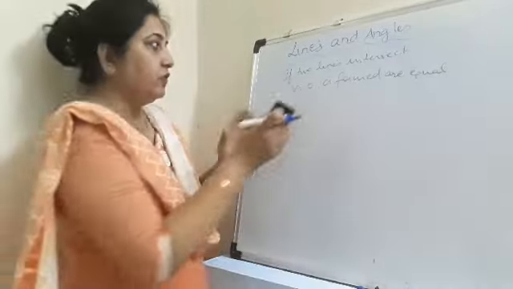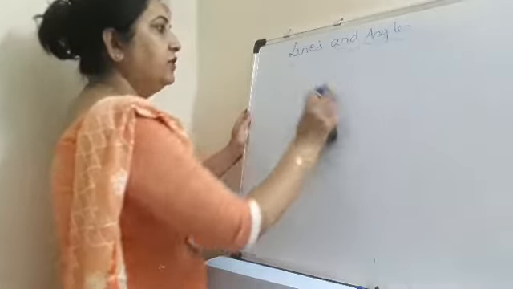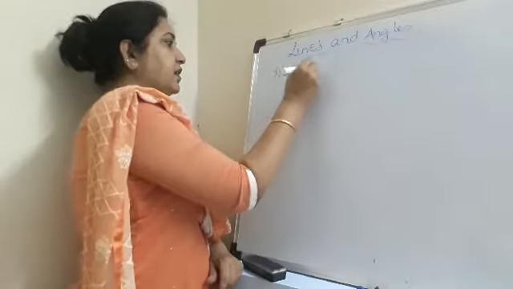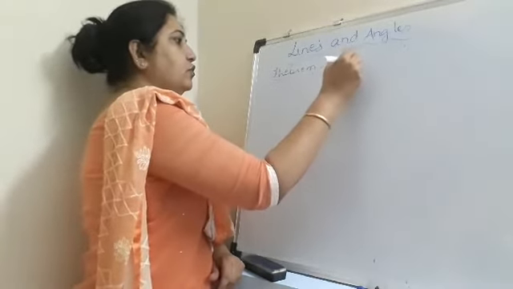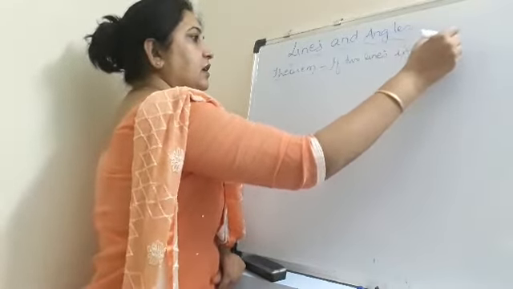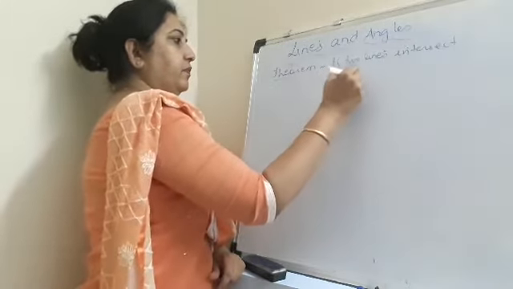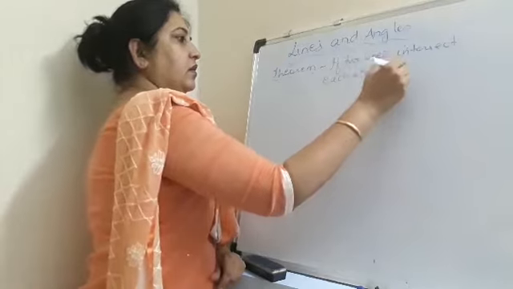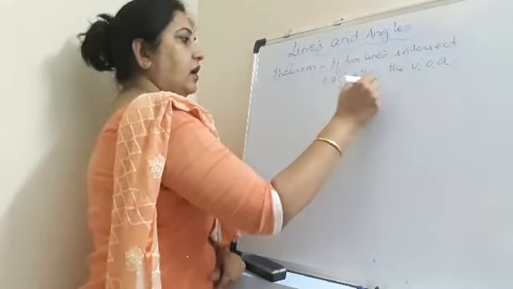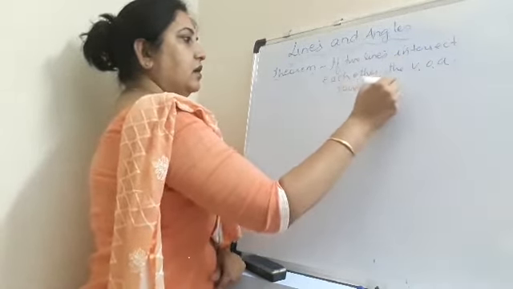Now we'll take a proof of this, and for this we need a diagram. We say theorem, and the statement I told you: if two lines intersect each other, the vertically opposite angles formed are equal in measure.